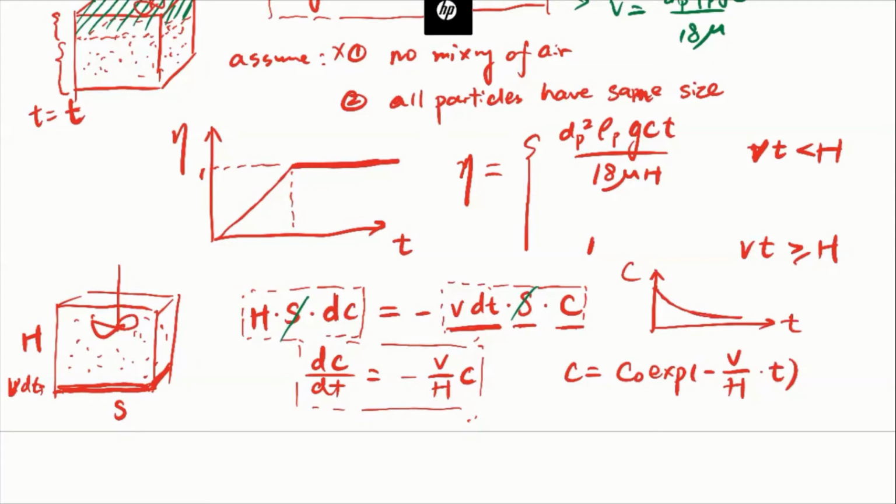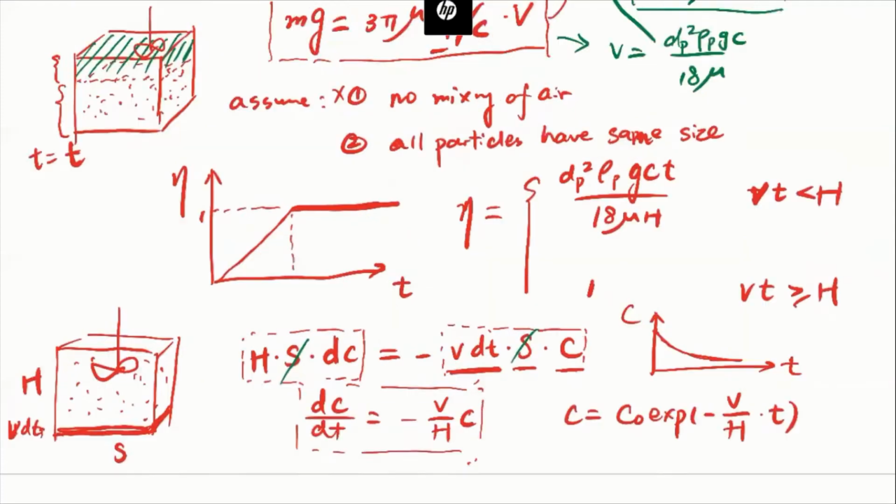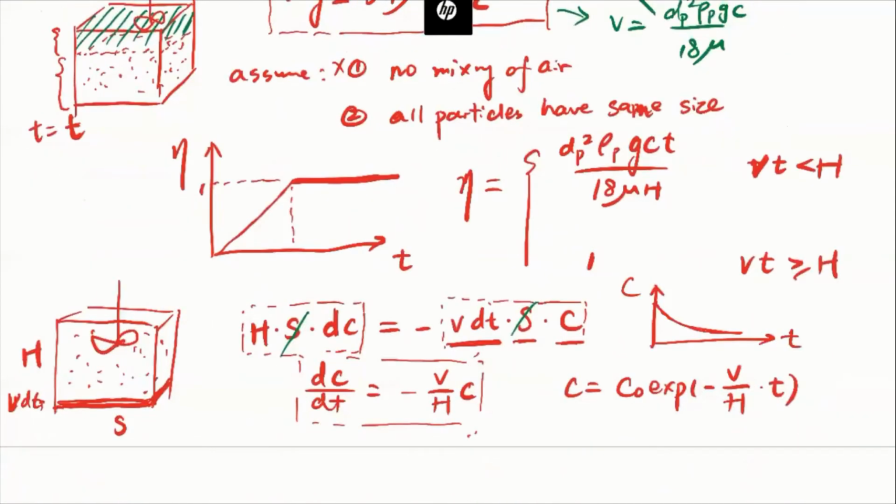With the concentration, we can calculate the particle removal efficiency, which is basically 1 minus C divided by C0. So the amount being removed is complementary to the amount of particles still remaining in the system. This is the new removal efficiency.